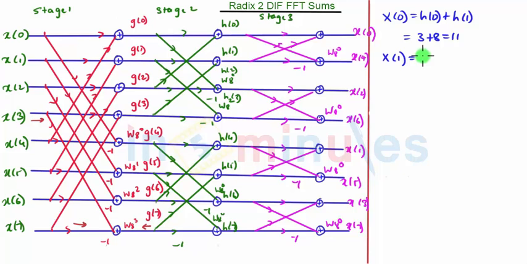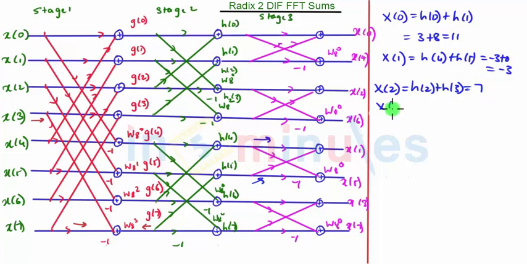X(1) will have inputs from h(4) and h(5), that is h(4) plus h(5), which gives us -3 plus 0, that is -3. X(2) is equal to h(2) plus h(3), that is 7 plus 0, which gives us 7. X(3) is equal to h(6) plus h(7) multiplied by W^0, which gives us -3.